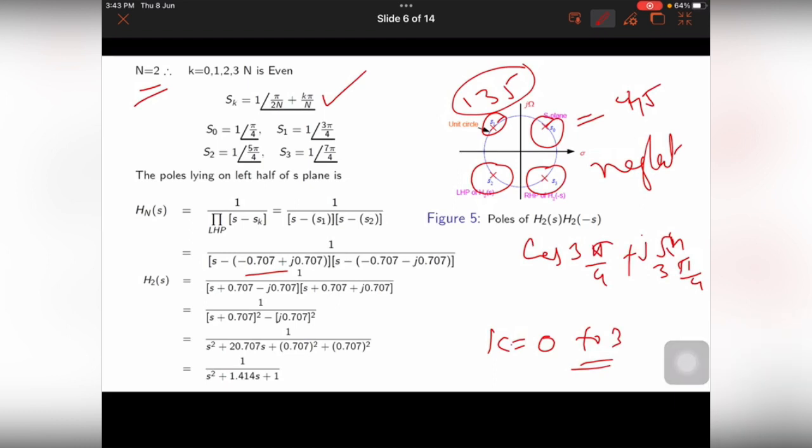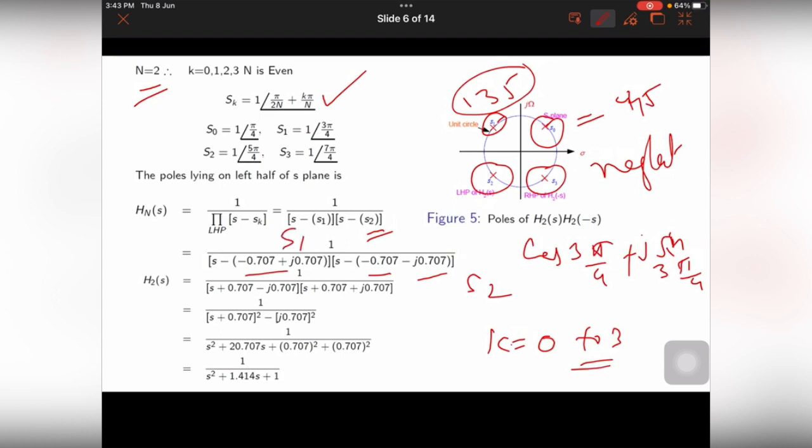So S minus of minus 0.707 minus j 0.707 is the S2 pole. What is S2? Cos 5 pi by 4 plus j sin 5 pi by 4. In the third quadrant, both cos and sin are negative, so both are negative values. That is the value of S2. This is the value of S1.